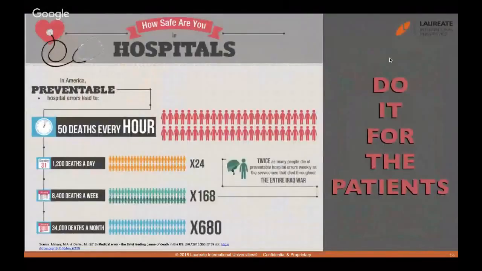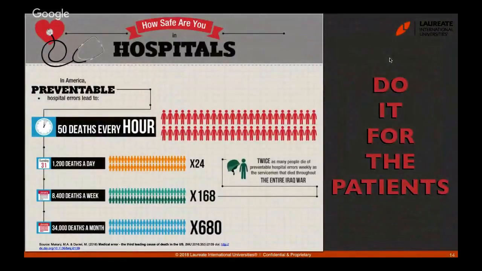Let's explore some information about this. A recent publication from 2016 showed some scary numbers of preventable errors in hospitals. Listen to me, I'm talking about preventable errors, not destiny, not fatalities. I'm talking about errors that could not have happened. I'm talking about 50 deaths every hour.